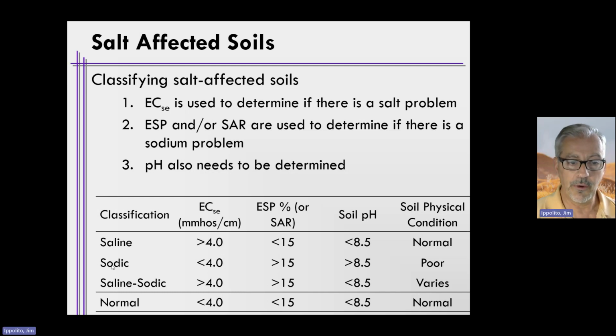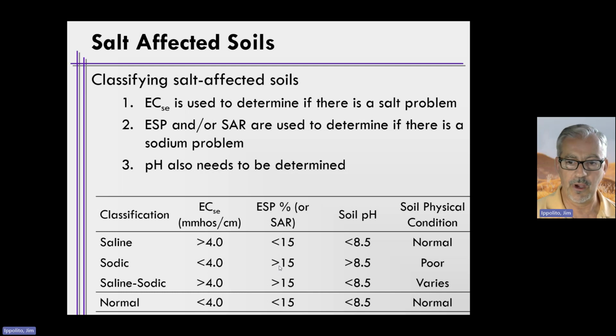A sodic soil has a low EC, all right? So in general, the total amount of salts that are present, not just sodium, but all the salts that are present, are relatively low. But what is present is sodium. And there's quite a bit of sodium on the exchange sites as expressed as ESP or SAR, right, of greater than 15.